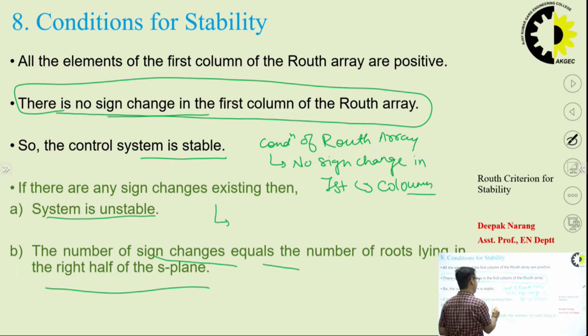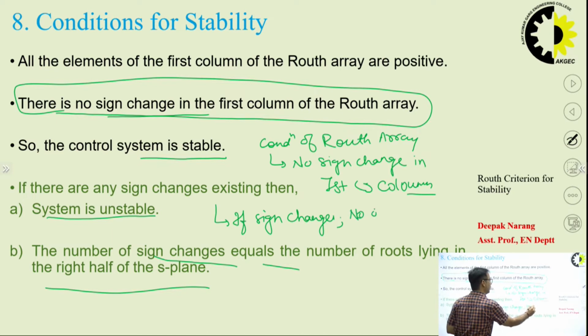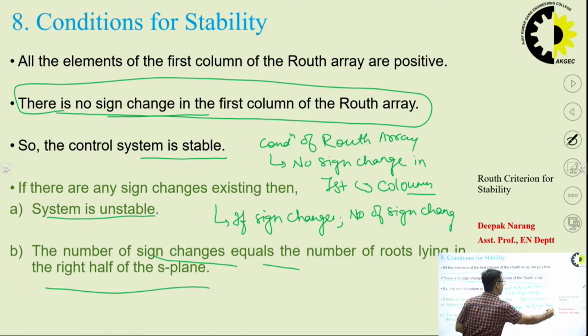And second, if there is a sign change, then the number of sign changes is equal to the number of roots on the right hand side.